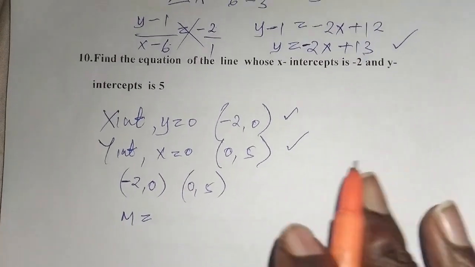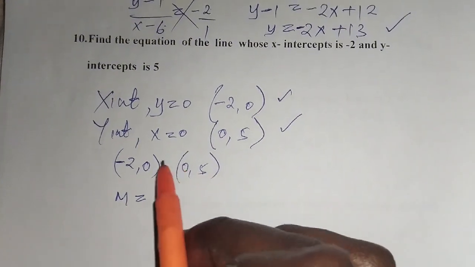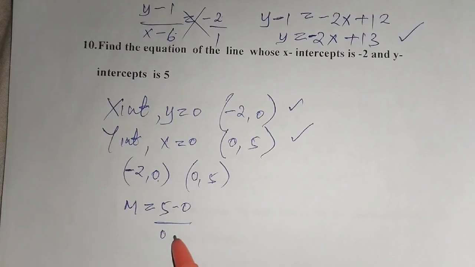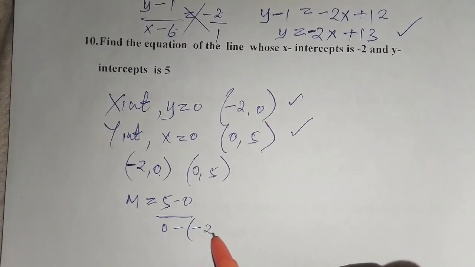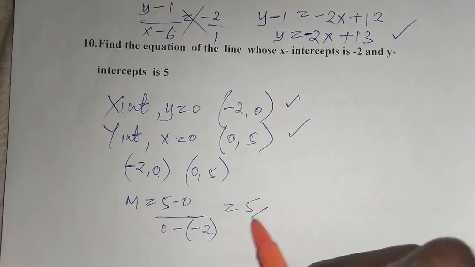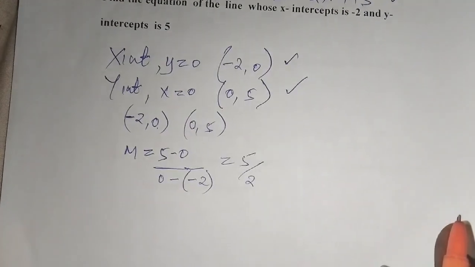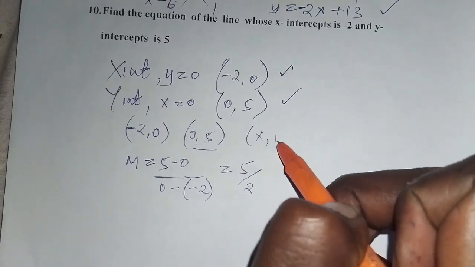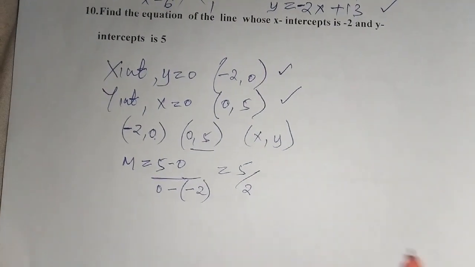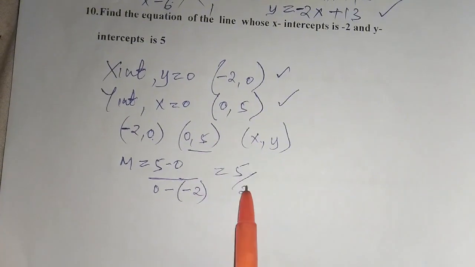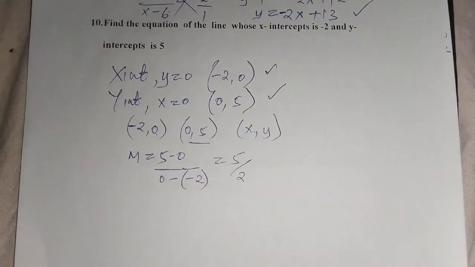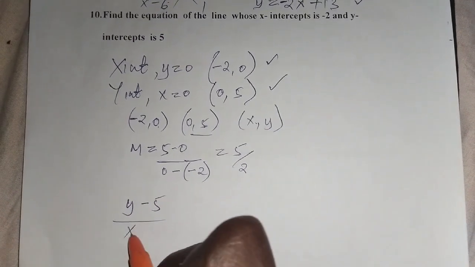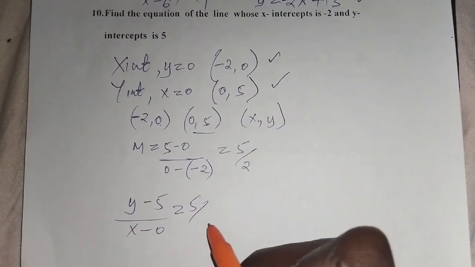So your m, change in y, this is y2 minus y1, so 5 minus 0 over x2, 0 minus our x1 which is negative 2, so you have 5 over 2. Then using one of the coordinates, we can use (0, 5) and an unknown point along the line (x, y). When we find the gradient, it will give us 5 over 2. So we shall have y minus 5 over x minus 0, which will give you 5 over 2.